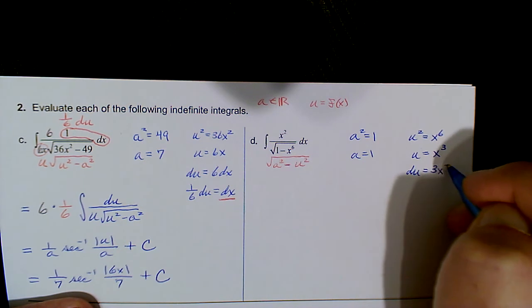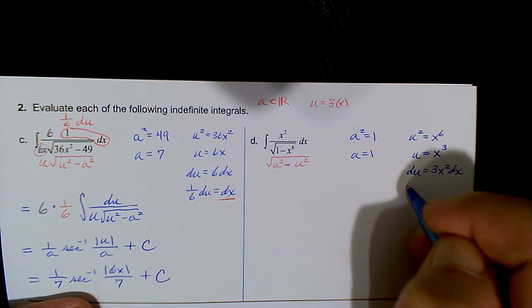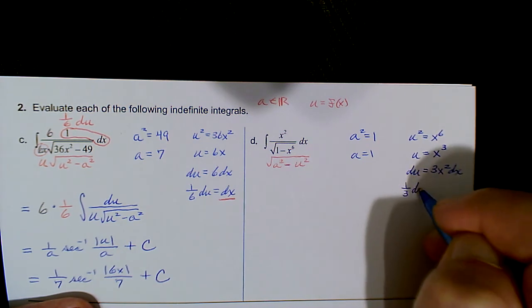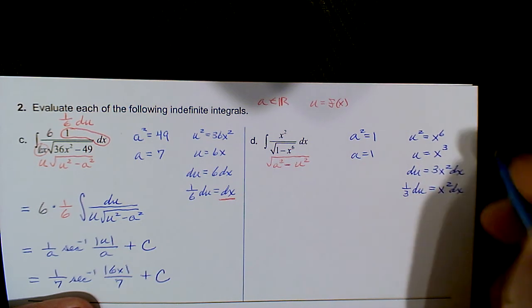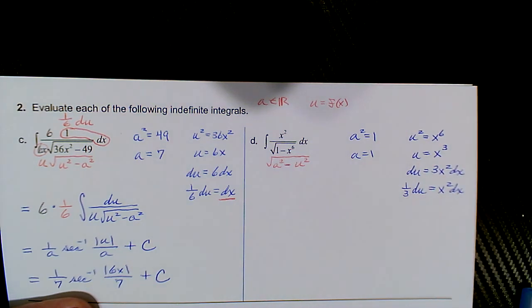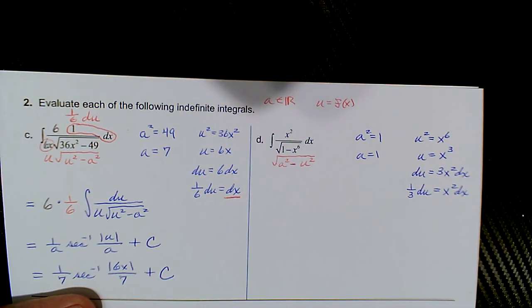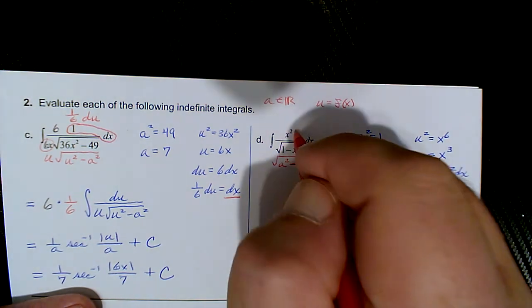Our du still needs to be calculated. That's 3x squared dx in this case. And then we modify routinely, so 1/3 du is x squared dx. And if we go back to the integral, we've already established the denominator.